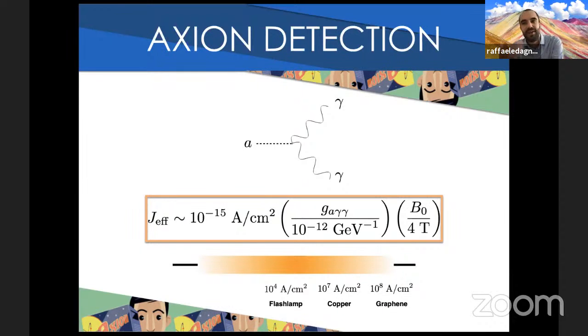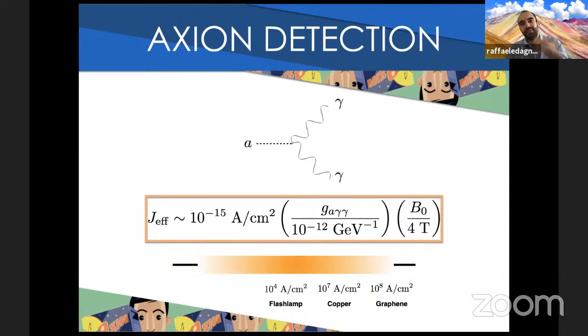Of course, this doesn't tell me anything because I always work in natural units, but you can just compare the two numbers and see that this current given by the axion is some 22 orders of magnitude smaller. So it's very hard to imagine that you're going to have an instrument that is sensitive enough to just pick up this current as it is.